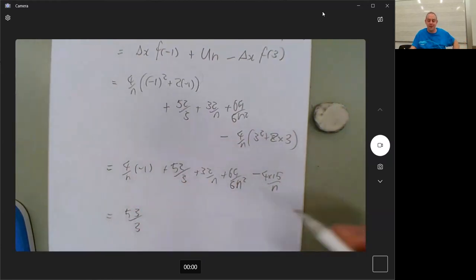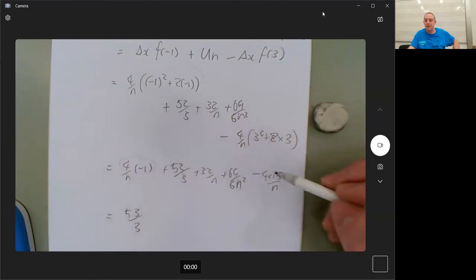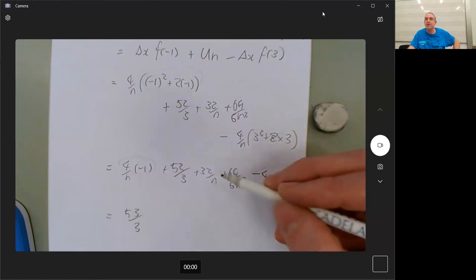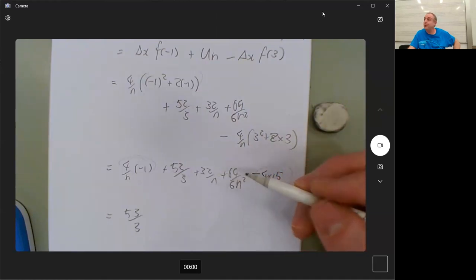Are you ready? Minus 1 lots of 4 on n and minus 15 lots of 4 on n is minus 16 lots of 4 on n, which is minus 64 on n. And 32 minus 64 is minus 32.